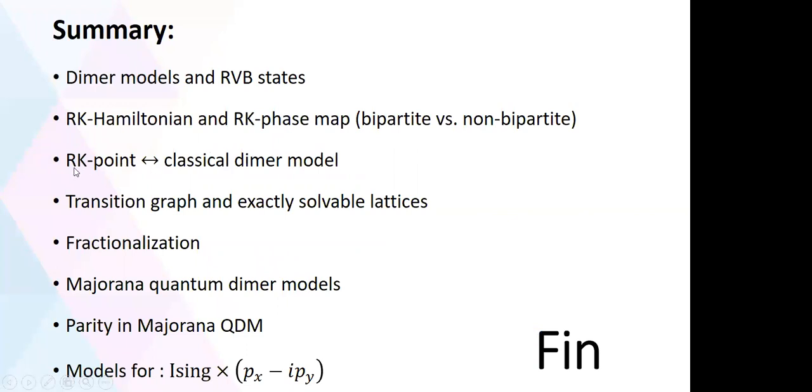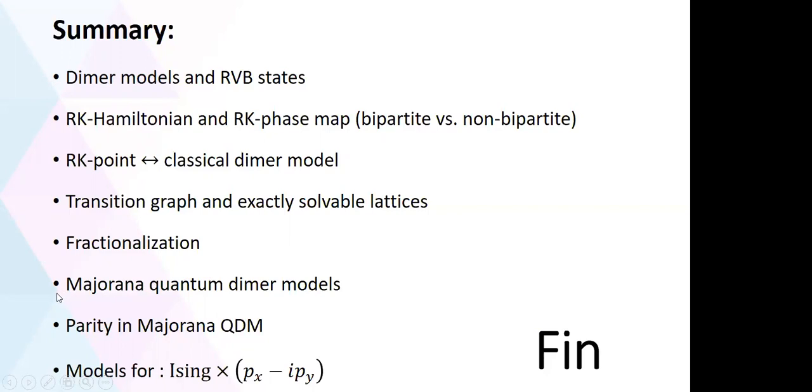I also talked quite a lot about the RK point in relation to the classical dimer model and the transition graph that plays a role in these dimer models, and some exactly solvable cases on the Kagome and Fisher lattice specifically. I showed you how you can see fractionalization phenomena in these models.